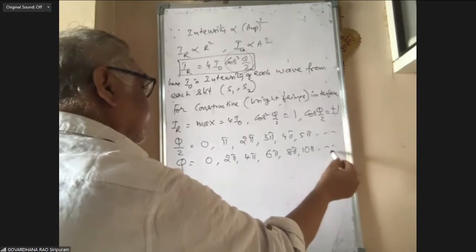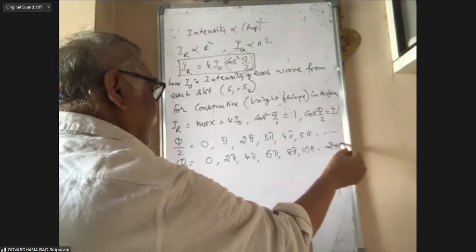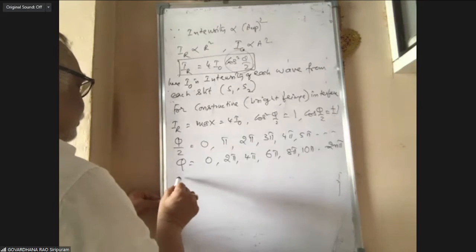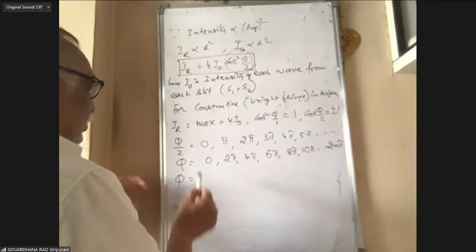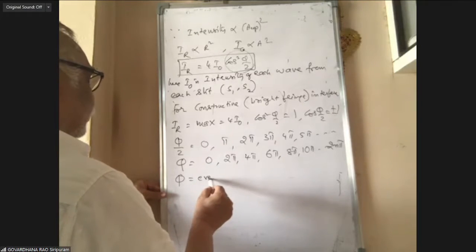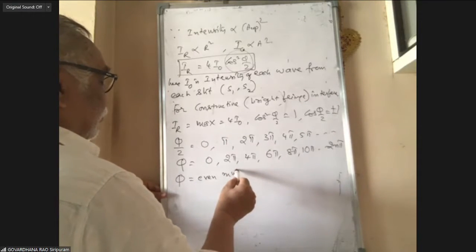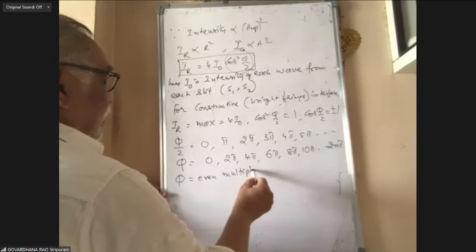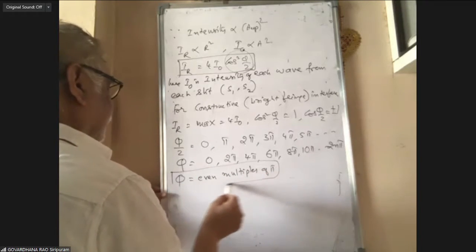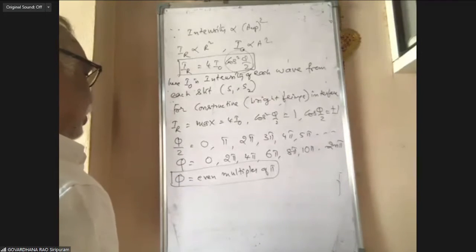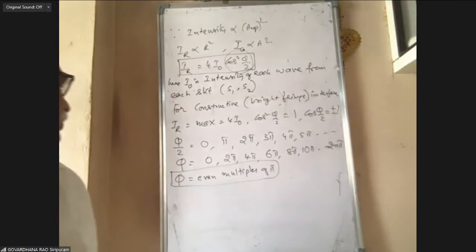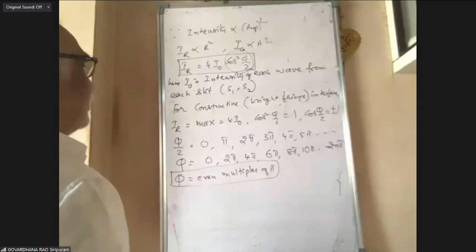That is 2n pi. Phase difference is even multiples of pi.